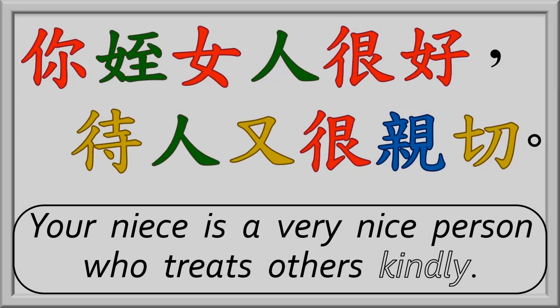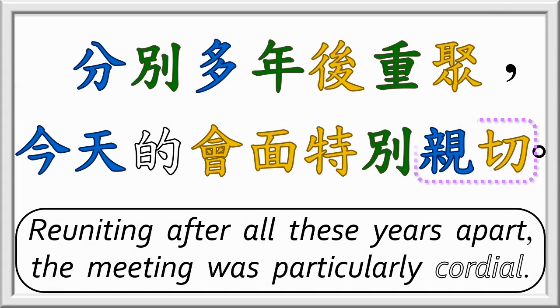This new phrase means intimate, cordial, or kind, all describing various degrees of closeness. 你侄女人很好，待人又很亲切. Your niece is a very nice person who treats others kindly. 分别多年后重聚，今天的会面特别亲切. Reuniting after all these years apart, the meeting was particularly cordial.